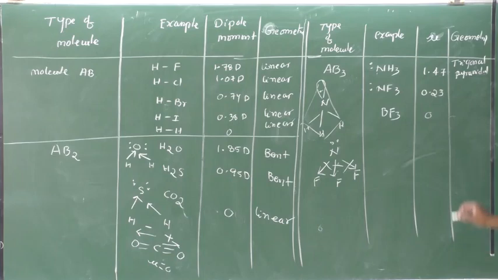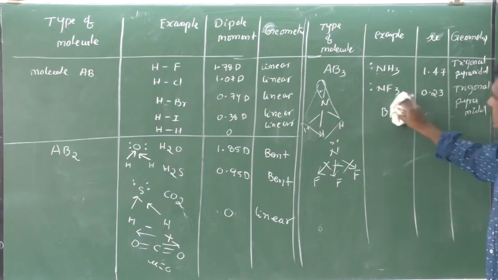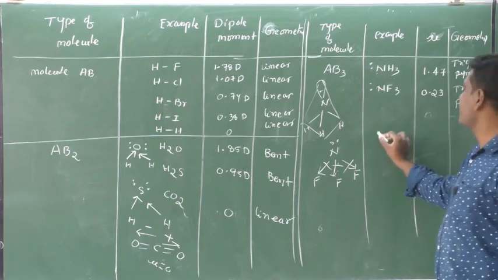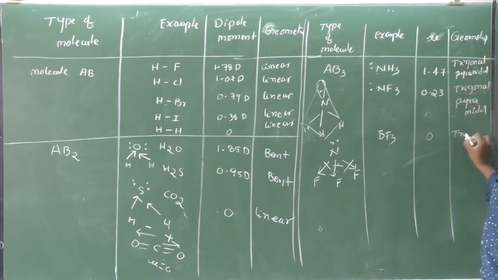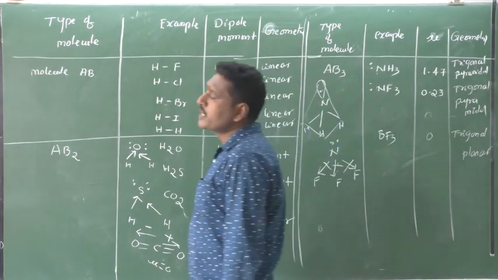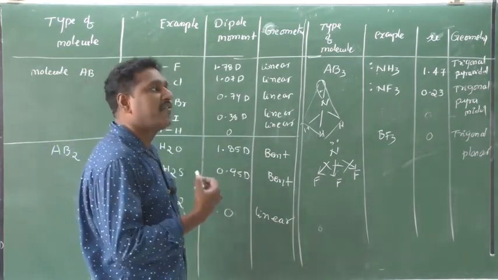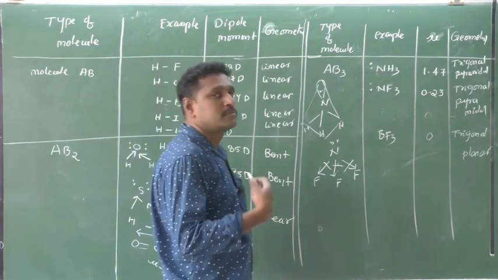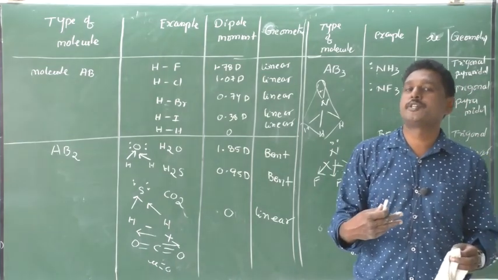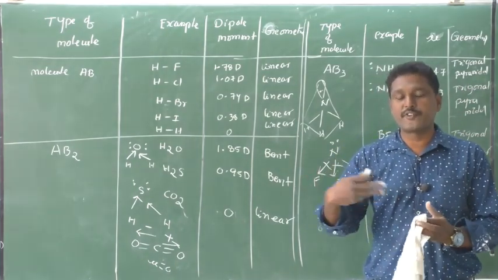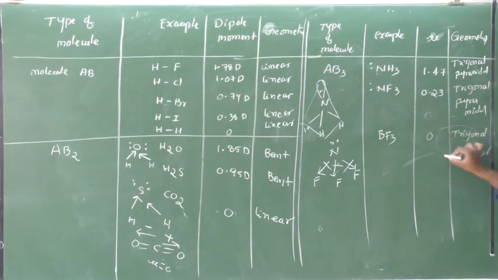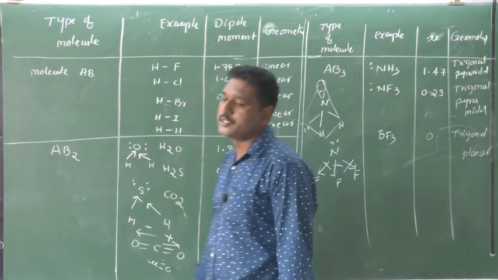But BF3 is trigonal planar, so the bond dipoles cancel each other, and the net dipole moment is 0.